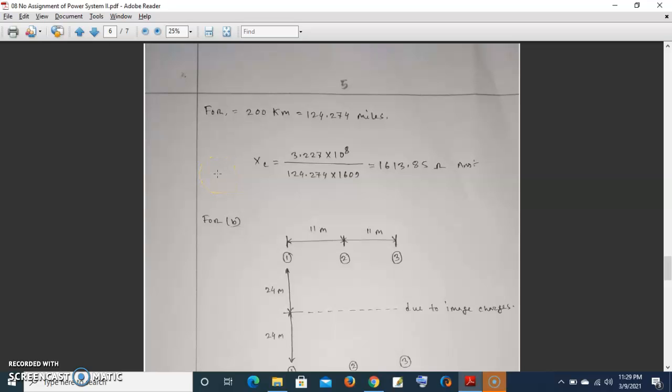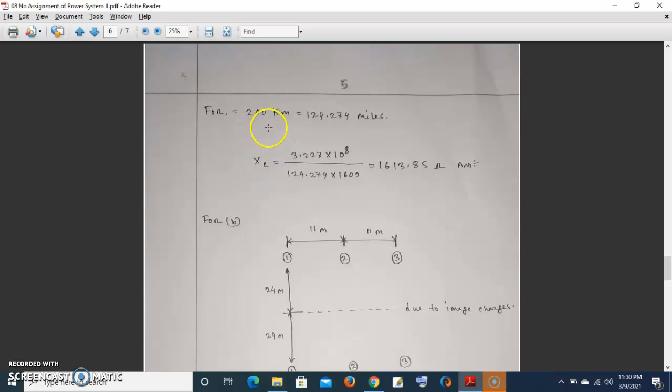Now for 200 kilometer we convert it to miles. If we convert it to miles, we get 124.274 miles.